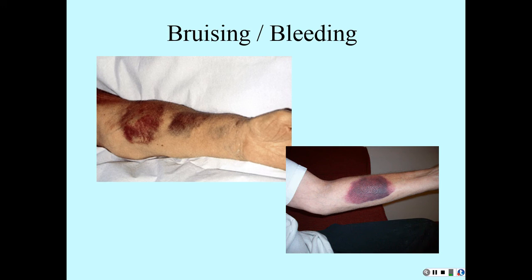But if you have a big hematoma like this with your IV infusing, you have to stop that. And blood thinners can do that. If you're infusing heparin, can do that.